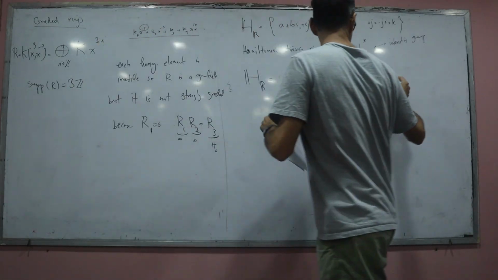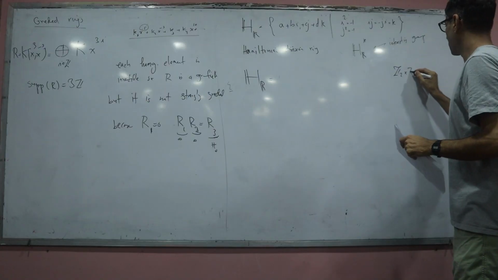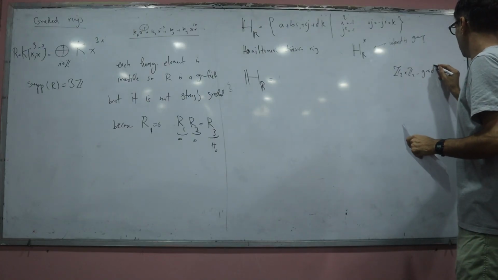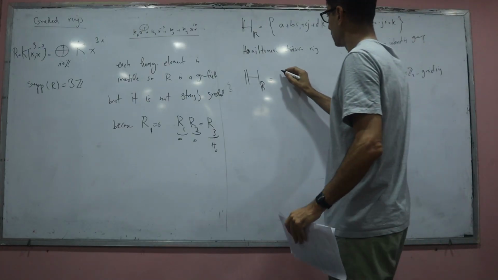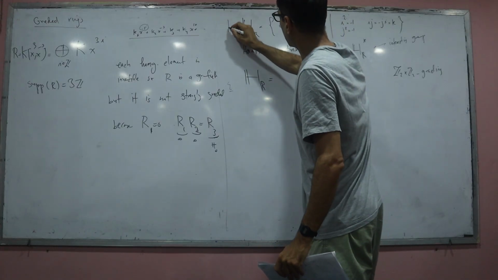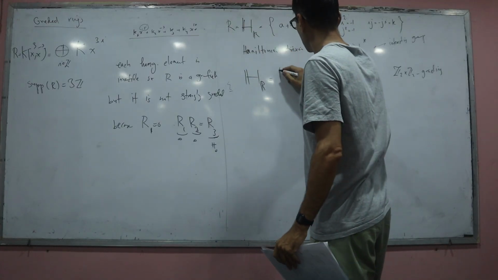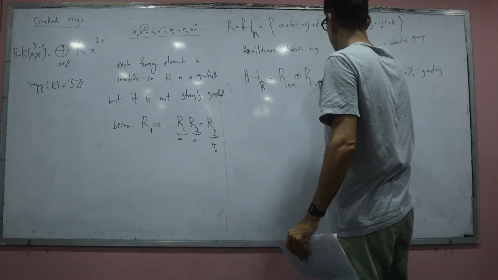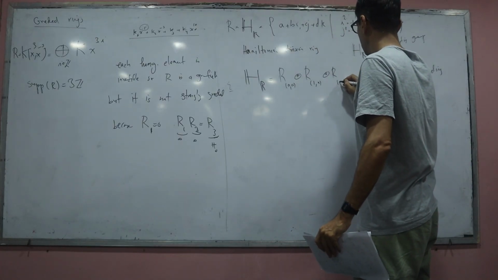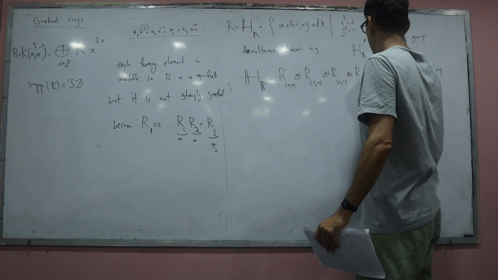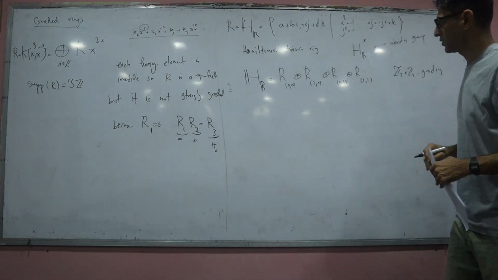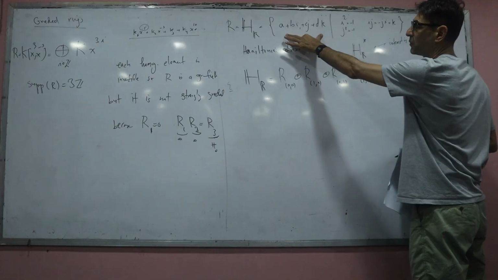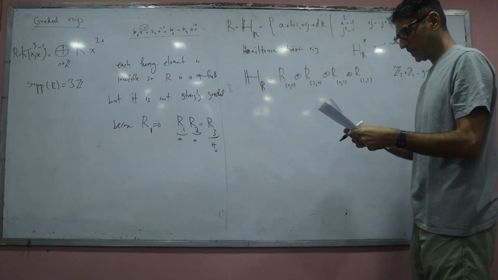I'm going to give you a Z2 times Z2 grading. Let me call this R. I give you R00, R10, R01, and R11. I'm going to break this into these pieces.